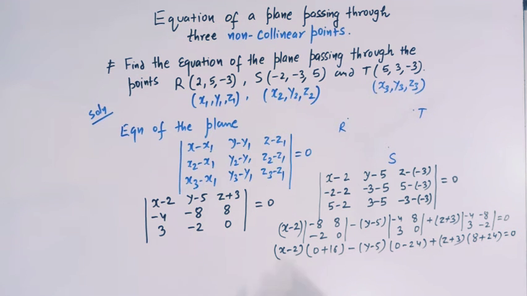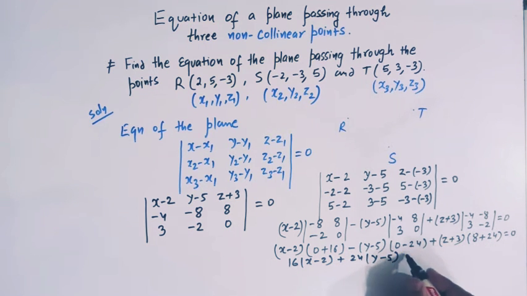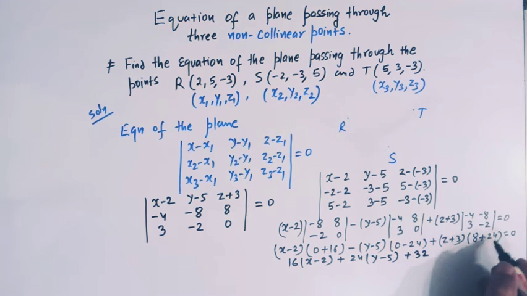Further simplifying, we have 16(x minus 2) plus 24(y minus 5) plus 32(z plus 3) equal to 0.